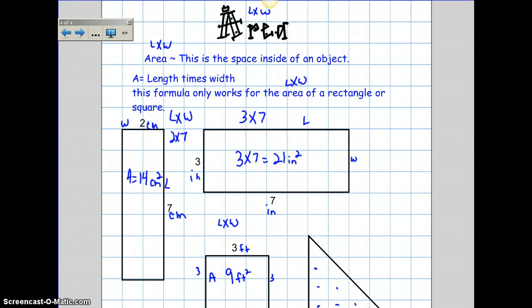I know you can't see these full squares at the bottom, but there's 6. Then I'm going to count the half squares. These two together would make that 7. These two together would make that 8. So 8 would be the area. And let's say I put square meters.